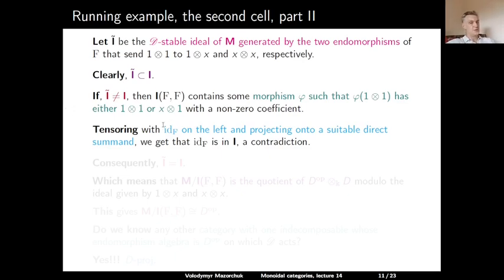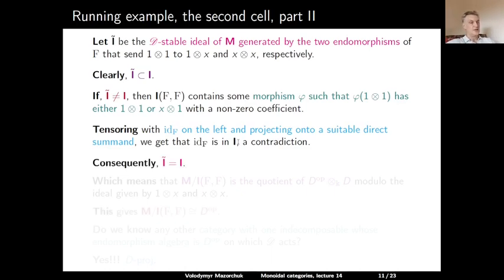So by projecting onto suitable direct summand of the image of such endomorphism, we can get the identity map on F as an element in our ideal. And this is of course a contradiction because I cannot contain the identity on F.